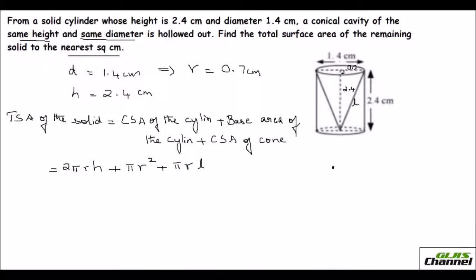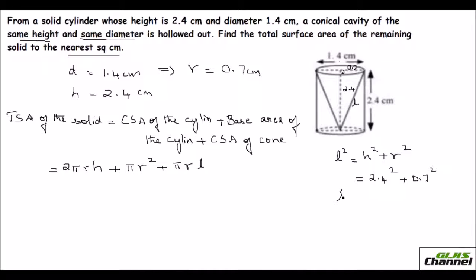Since it is a right angle here, it is like using the Pythagorean formula. Let me find out the slant height. So slant height is L. So L squared will be equal to, since that is the hypotenuse square, it will be like height square plus the radius square. Okay. So here your height square is 2.4 square plus the radius is 0.7 square.